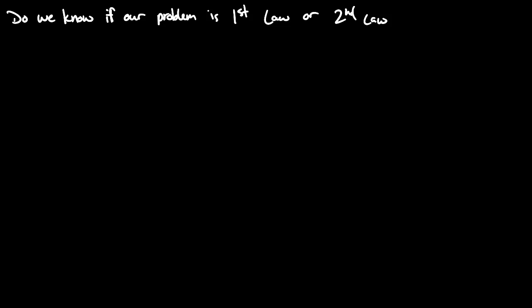If you want a set of steps, that's hard for me to do when it comes to Newton's laws, at least at this point. But one of the things you should always do is begin by seeing if you can answer that question. Is this going to be a first law problem or a second law problem?